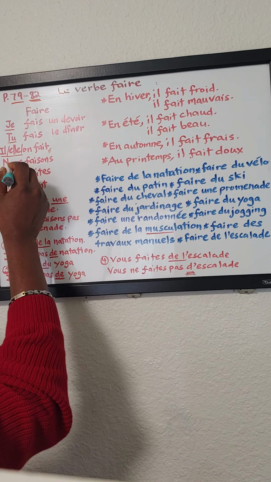You don't see any easy pattern. And then here, ils, elles font. No ent at the end of the verb. So it's an irregular verb, which should be studied on its own terms, just like the verb être and the verb avoir.